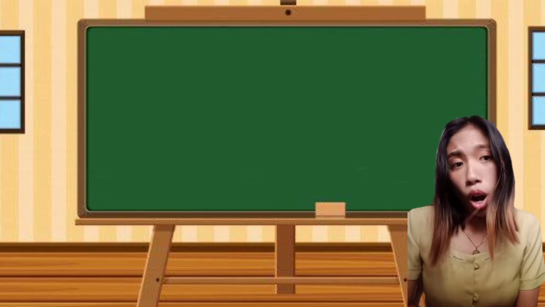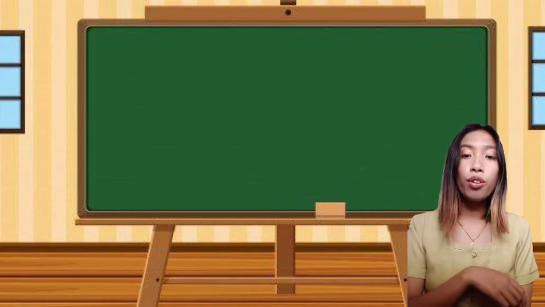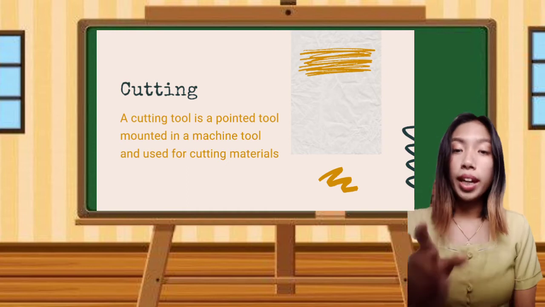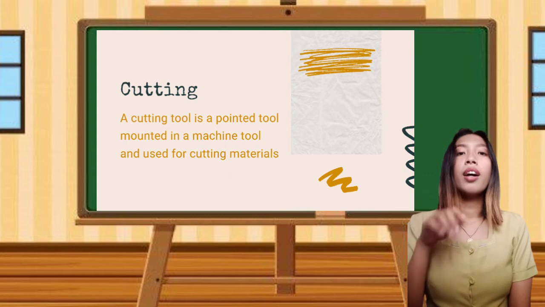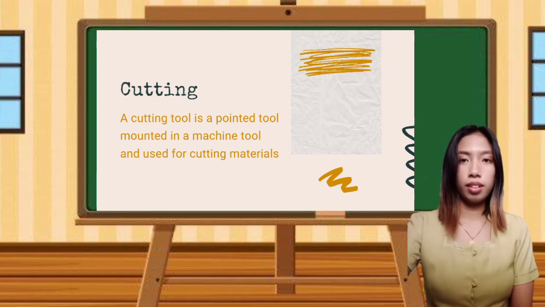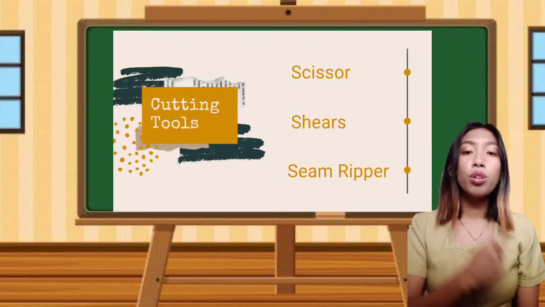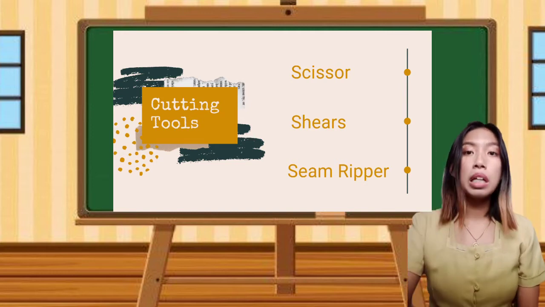Which tools are used for cutting? First, let's define what cutting tools are. A cutting tool is a pointed tool mounted in a machine tool and used for cutting materials. What are the tools used for cutting? We have scissors, shears, and seam ripper.